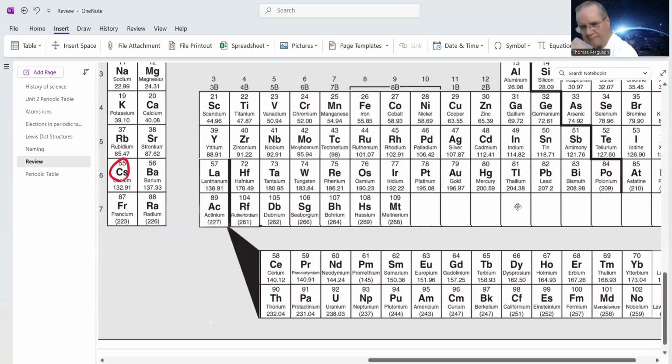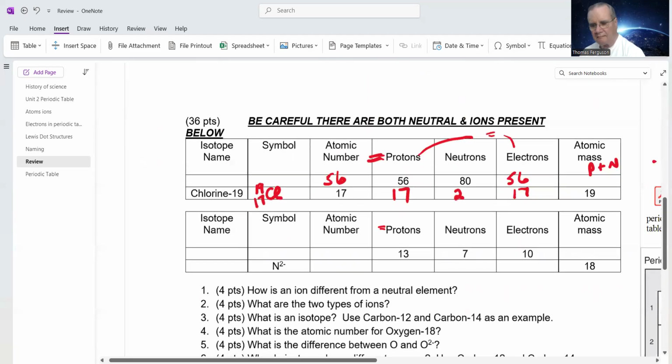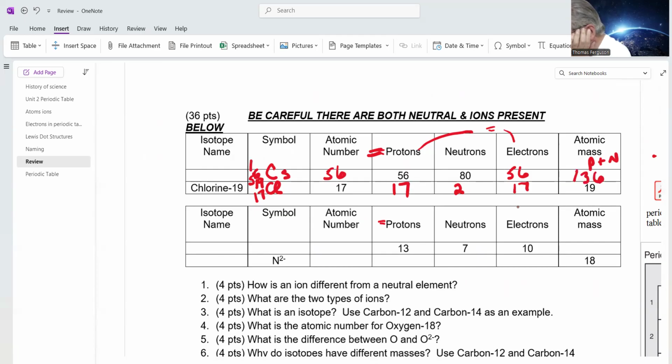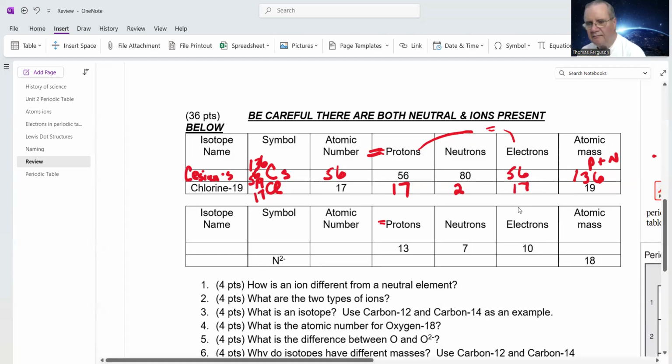Cesium. And that's a 56. Atomic mass is going to be P plus N, so that's 136. Name is cesium, cesium 136.